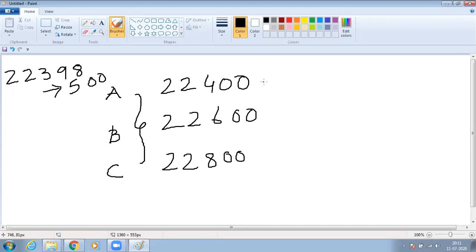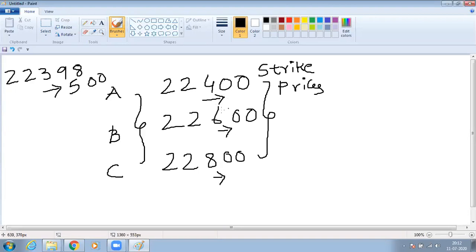So these are called strike prices. The first thing you have to select while trading options is the strike price.